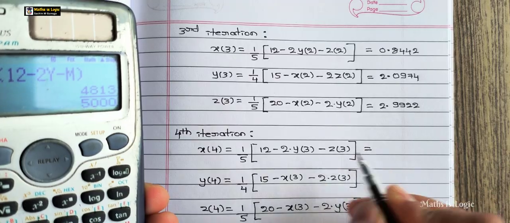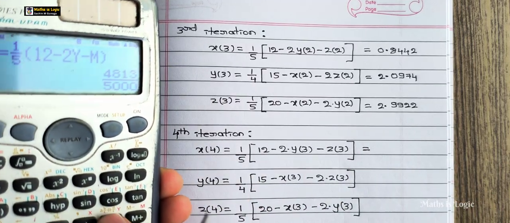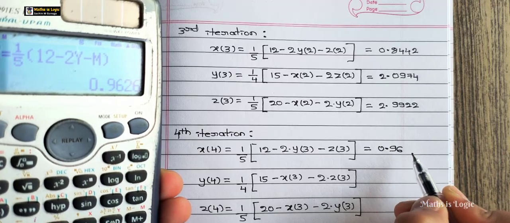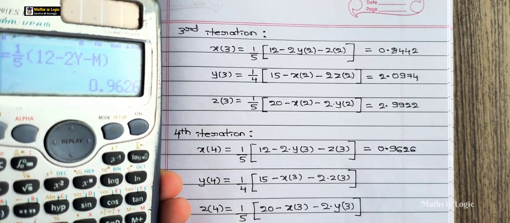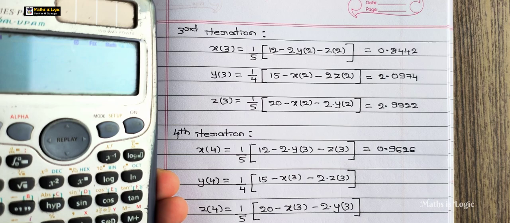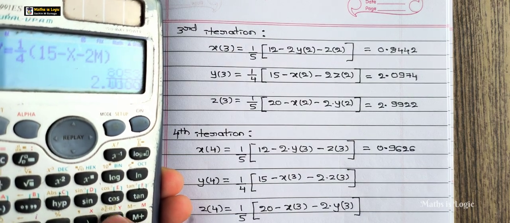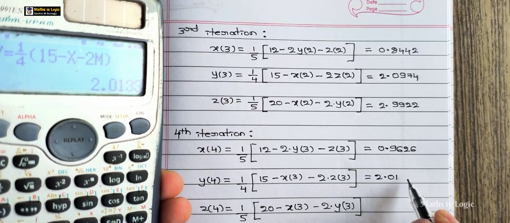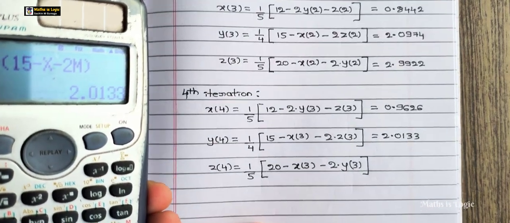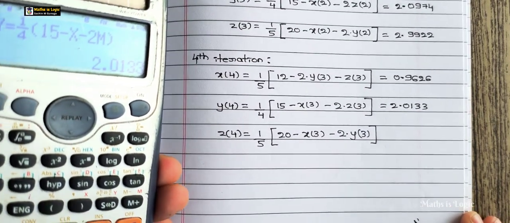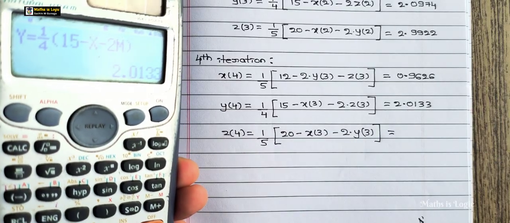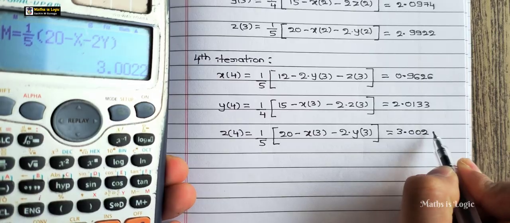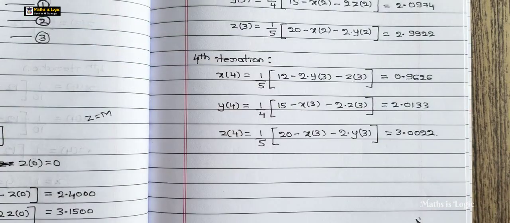Therefore in the fourth iteration the first value becomes, press this button, 0.9626, correct. Next equals, again press this button, 2.0133, okay. Next and last value becomes 3.0022, correct.